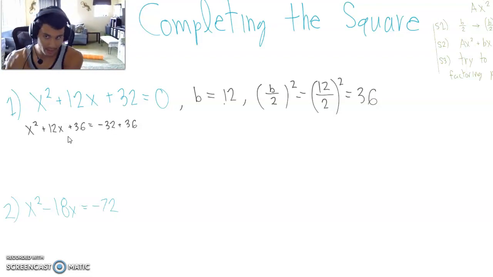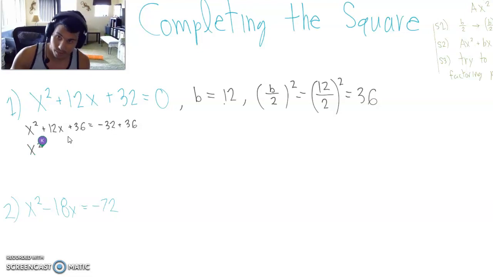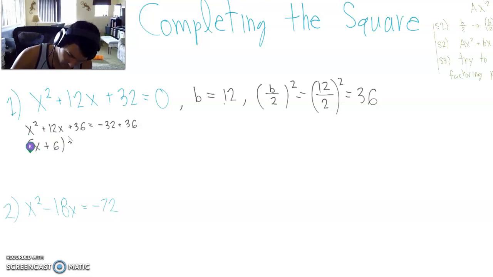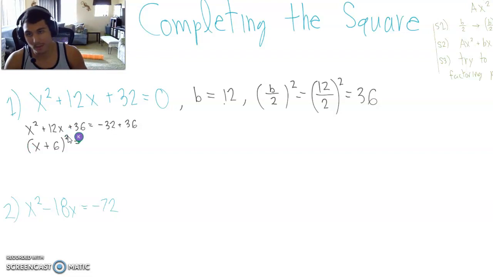And truthfully, you just have to kind of have an intuition about those numbers, what to pick. Sometimes you may go through multiple pairs of numbers, but eventually you will get a pair, right? So you could write this as x plus 6 squared is equal to, and negative 32 plus 36 is what? It's 4, right?